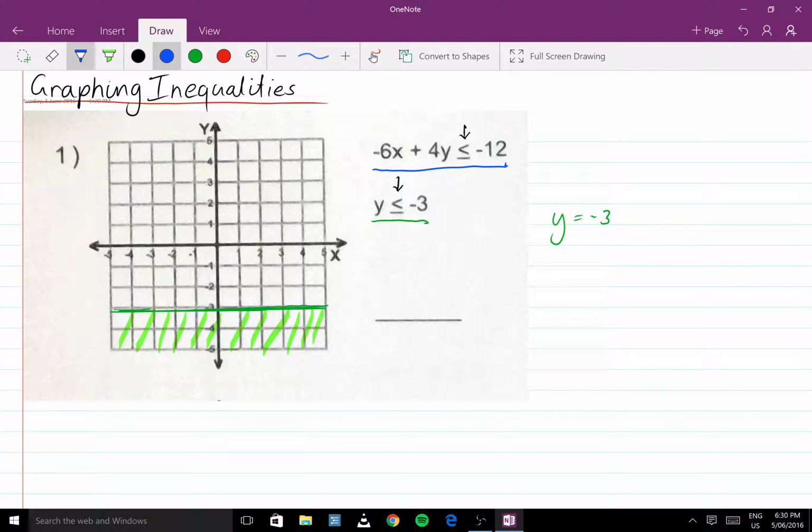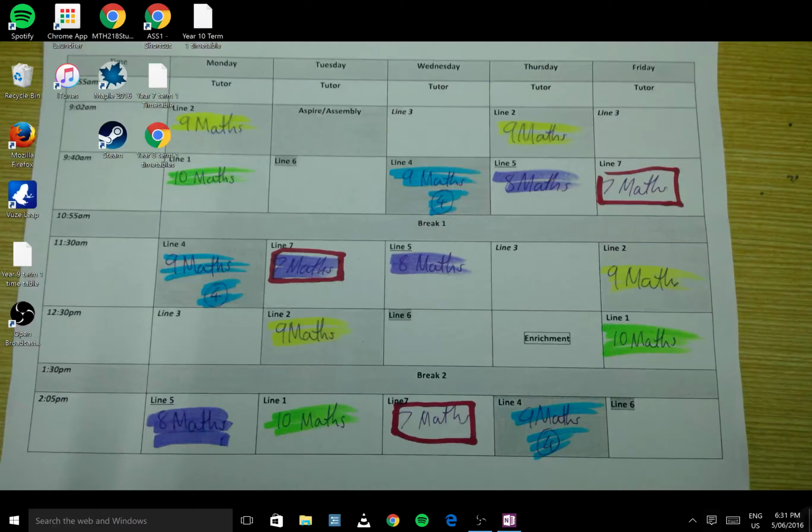So the first thing I'll do is write it as an equality. So I go minus 6x plus 4y equals minus 12. Okay, and I'm going to use a little trick here. I'm going to pretend that x is 0.